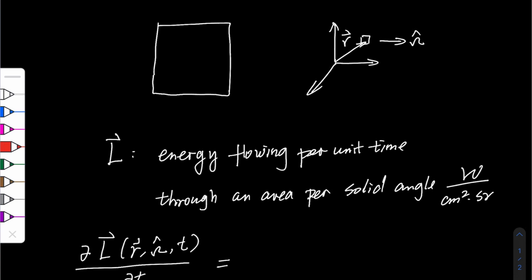The first one is when the photon comes into the tissue at the direction of omega hat prime, and it is being scattered to the direction of omega hat.